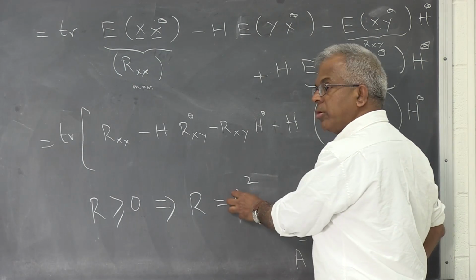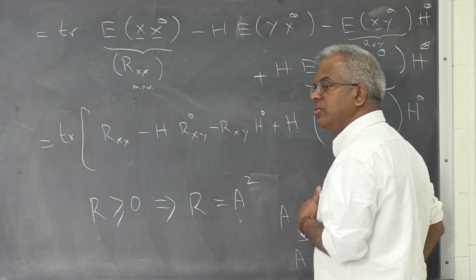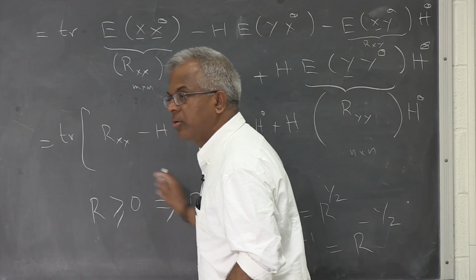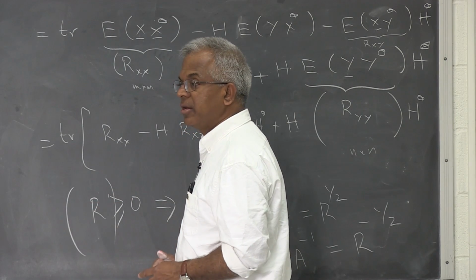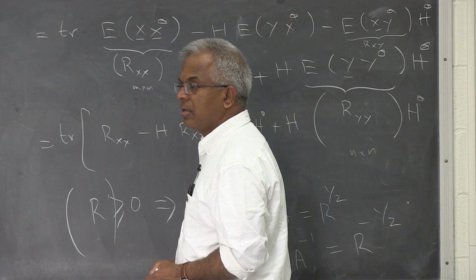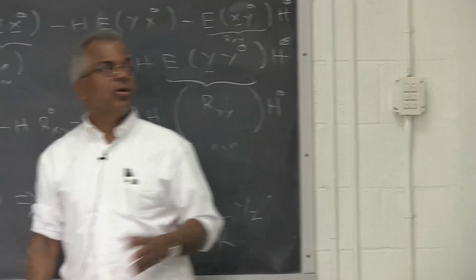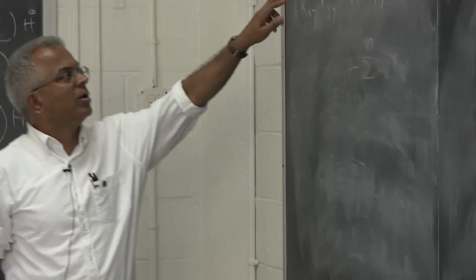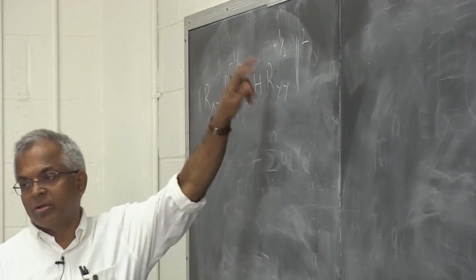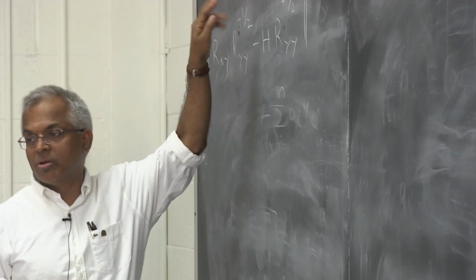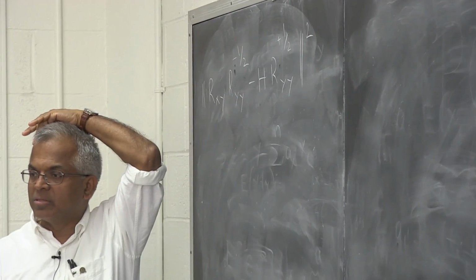So this is the square root. How do you find the square root of a positive definite matrix? It's not like taking a square root of a number, because the matrix could have negative entries, right? So in any case, that's what I mean by the inverse of the square root and the square root of the positive matrix.